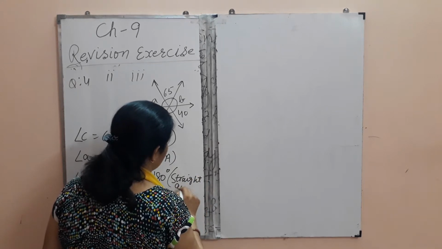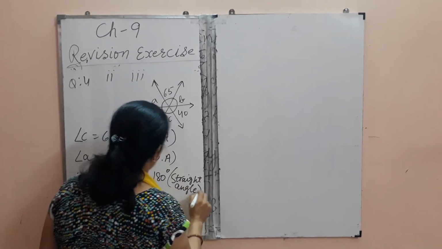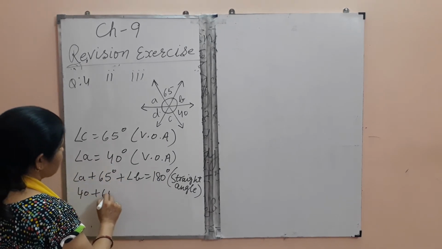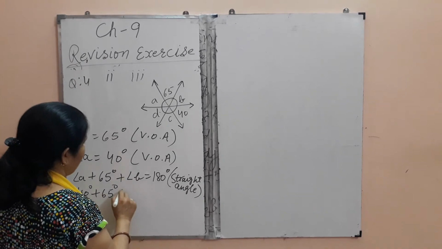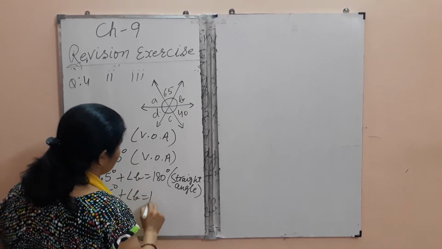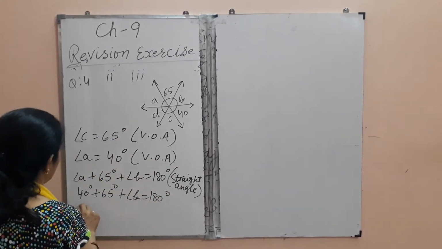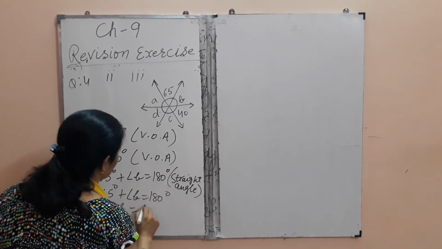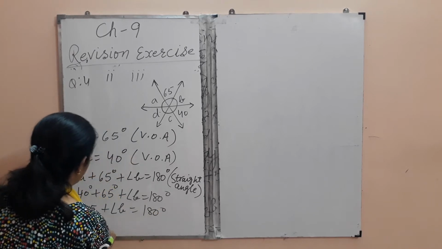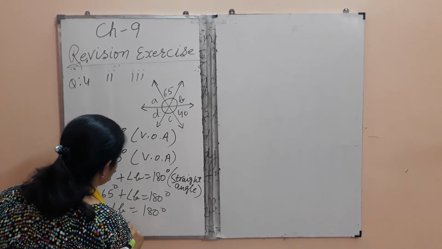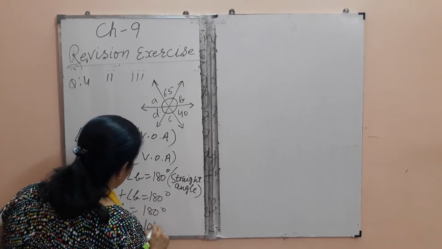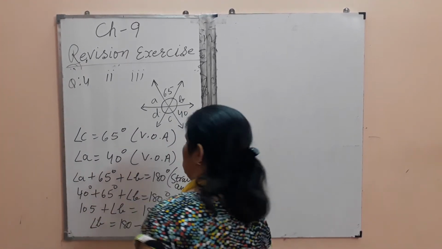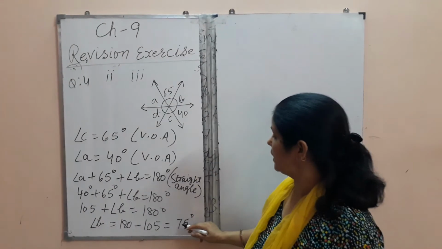Now, the value of A is 40 plus 65 plus angle B equals to 180 degree. So 105 plus angle B equals to 180 degree. Angle B equals to 180 minus 105. So it will be 75 degree. Understood? So value of angle B is 75 degree.